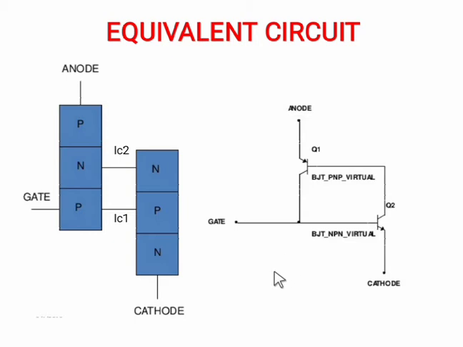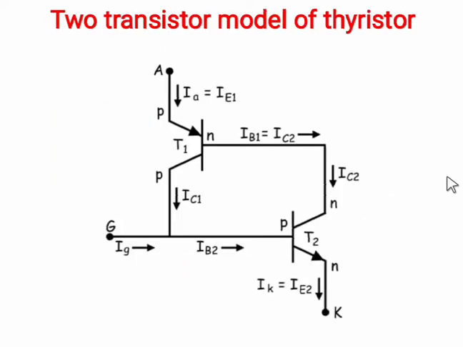So it is a combination of two transistors, the two-transistor model of the thyristor. This transistor T1 is PNP, and this is transistor T2, NPN, and the gate G is brought out from this P region. Now we will understand all the currents flowing through the transistors one by one.